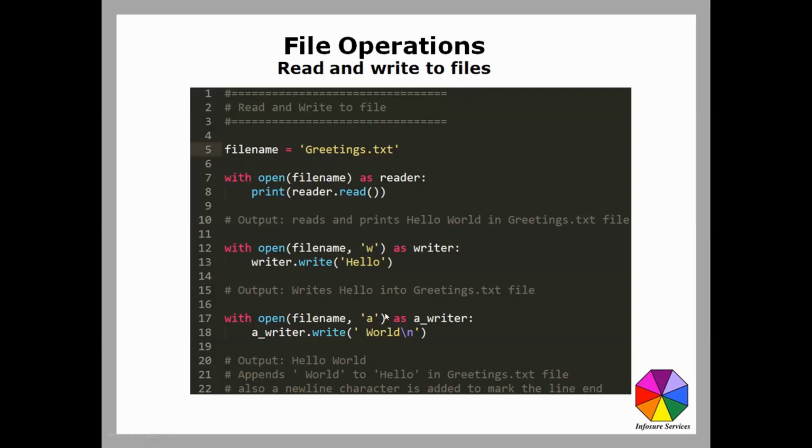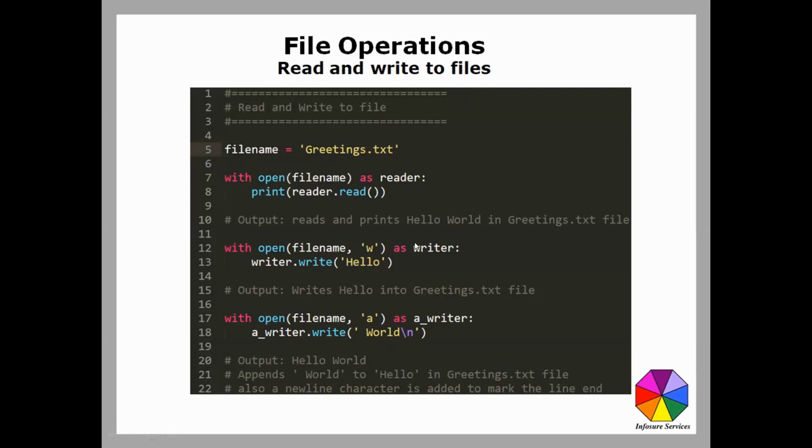So this is an append because it already has some content, hello, and we are appending this line to the end of that hello, and then the control comes to a new line. This is also called a carriage return or a new line. So this appends to the text there.